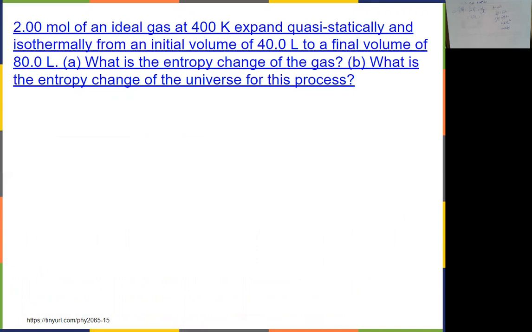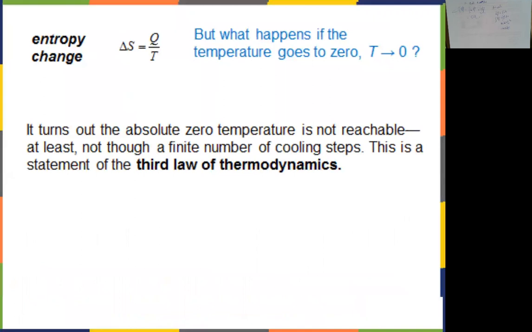There's one example here. I don't think we have time for that, but let's talk about the entropy change. Entropy change for a given system, a given object, is Q over T. So what happens if temperature goes to 0? In reality, it doesn't happen. Any object will not reach absolute 0.